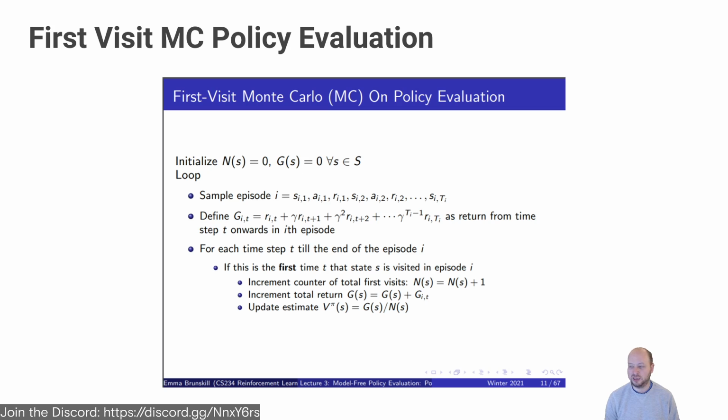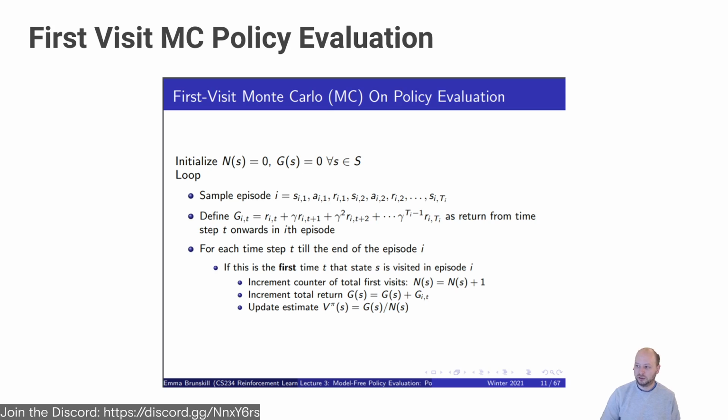For every particular state, we define the return as the sum of discounted rewards seen from that time step. And we're only going to deal with it the first time we see that state.